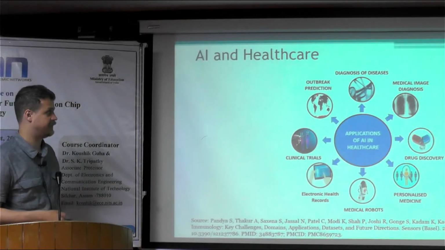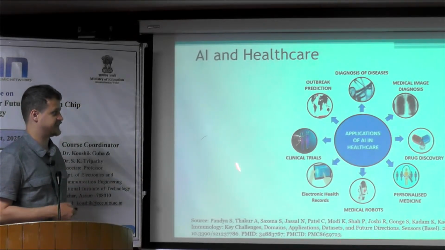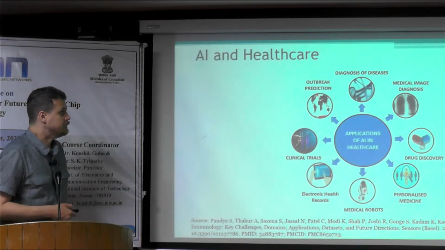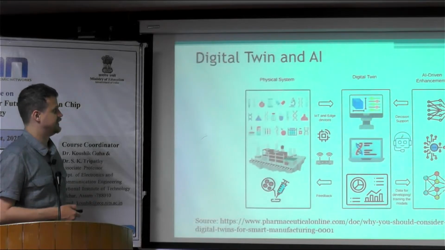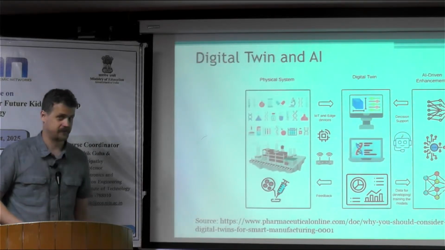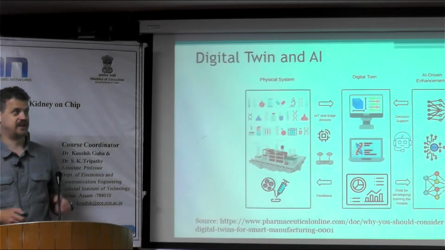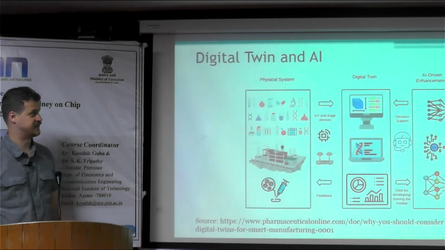So, speaking of AI in healthcare, there is a very broad integration of AI technologies in medical application right now. And of course, when we're talking about AI technology, we cannot just skip the digital twin part.